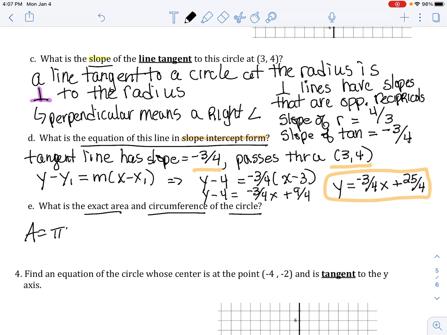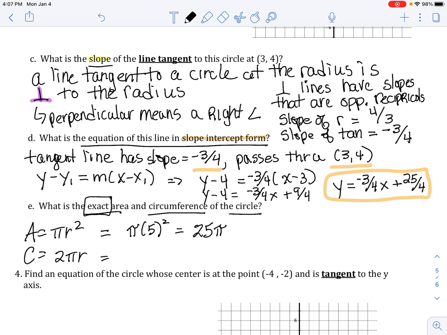All right, so the area is pi times radius squared, and the circumference is 2 pi r. So this is just typing in information into the equation. If the radius is 5, that's going to be pi times 5 squared, which is 25 pi.